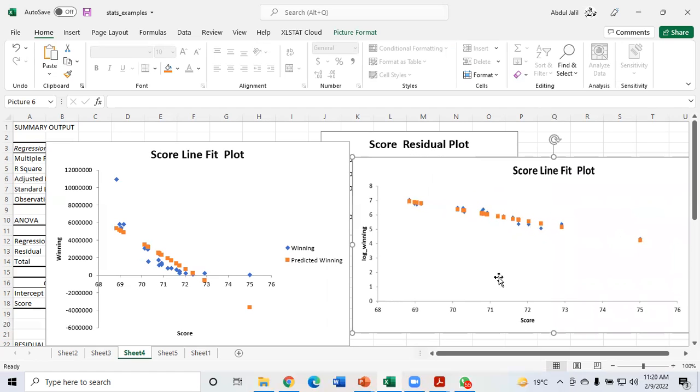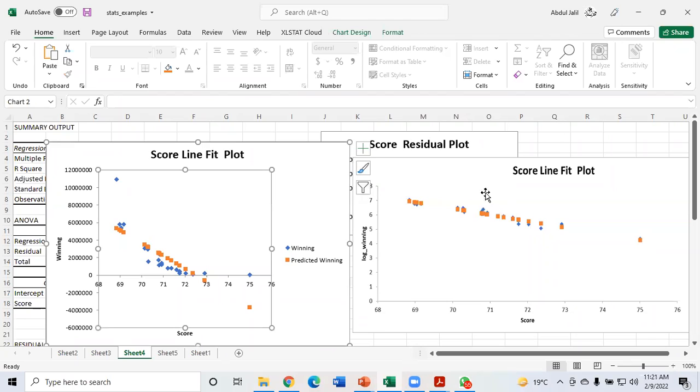Now you can observe these two plots. Data is the same, but in one case the data is looking more fit, and in the other case it's showing less fit, right? So that is the thing. The only purpose is to show, whatever the dispersion of the data, which line is the better fit. So whether you are going to select this line plot or this one, the right one or the left one?